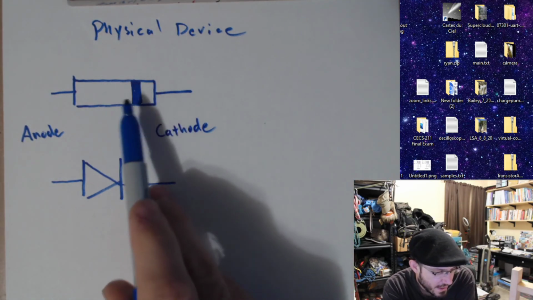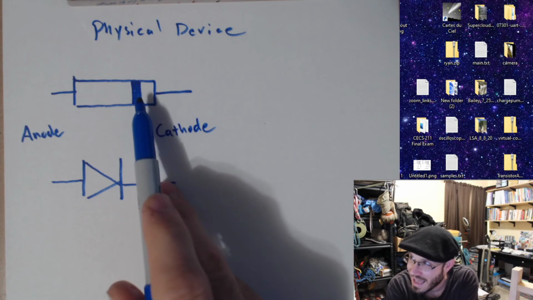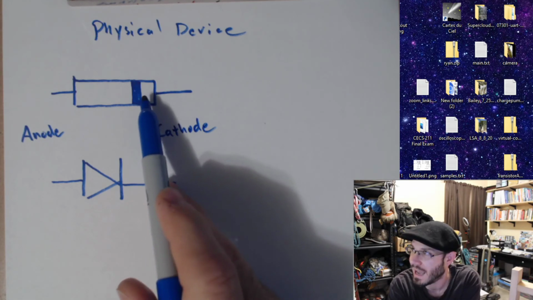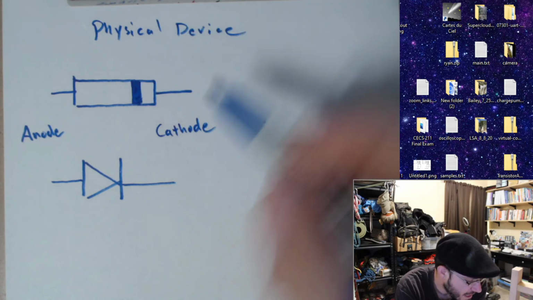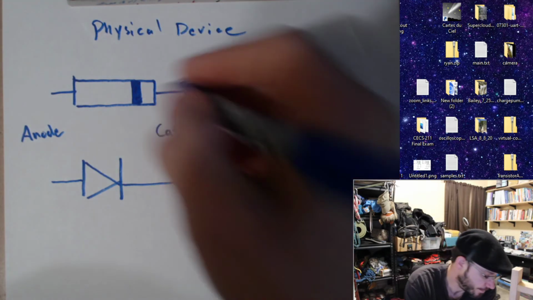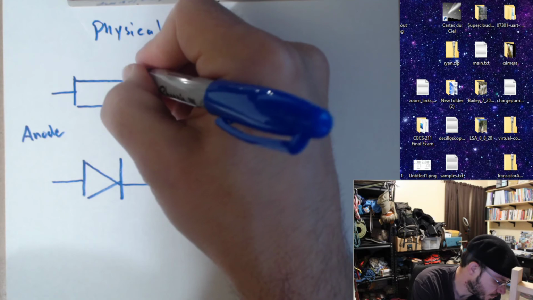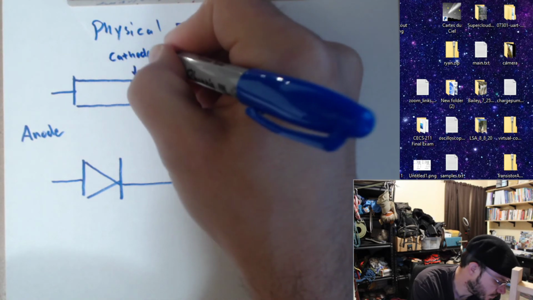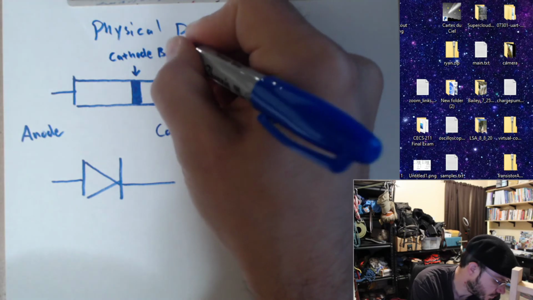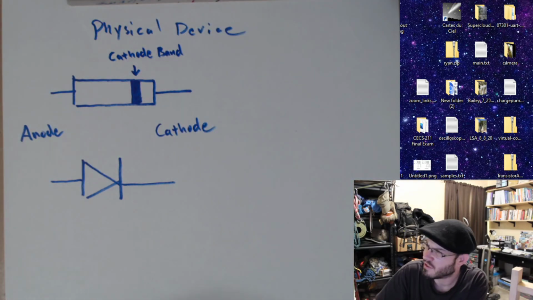For whatever reason, it sticks out in my head that this is the cathode band. I don't know why. If that helps you to remember it, then so be it. This is the cathode band. Anode band just doesn't ring a bell with me. Cathode band makes sense.